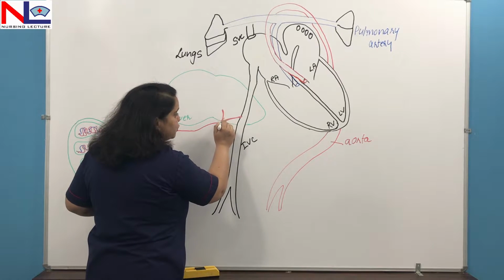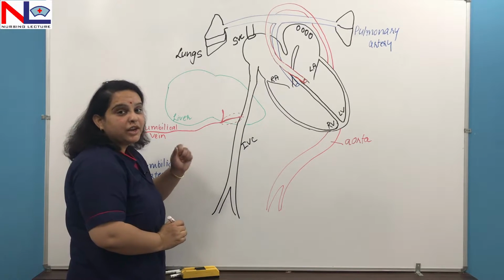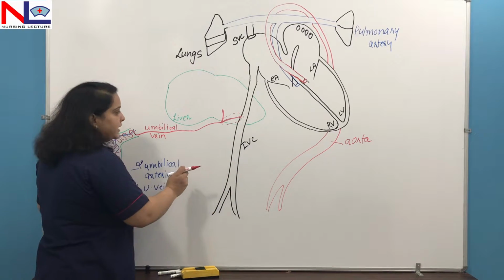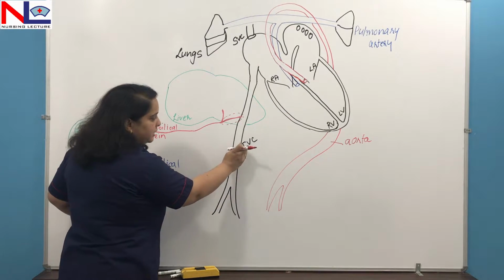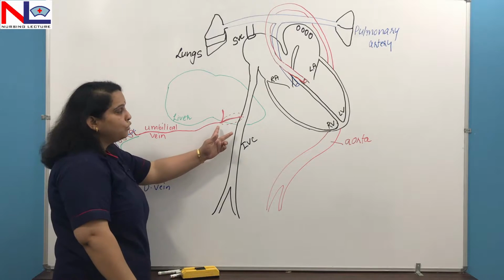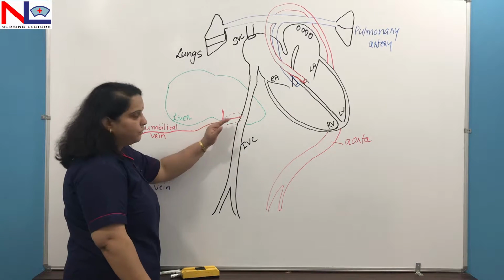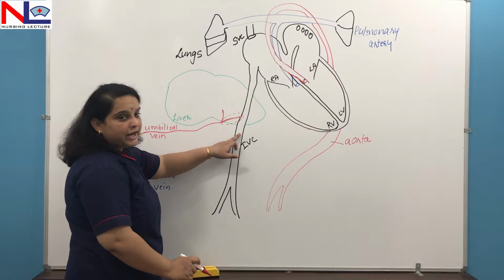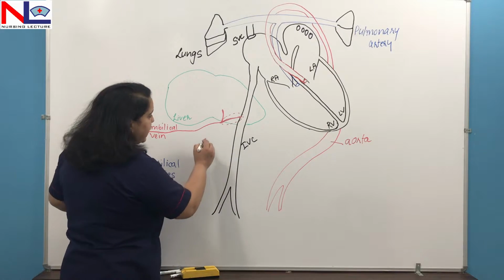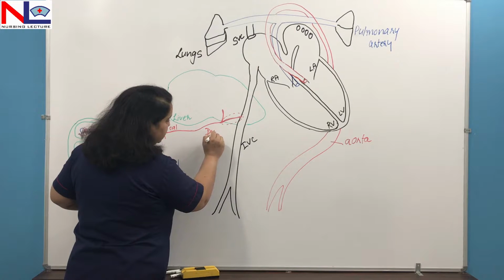But the major portion of this umbilical vein forms the shunt, because here you can see this is also a vein and this is also a vein, that is the inferior vena cava. So where the two veins merge together, this forms a shunt here, and this is called the ductus venosus.